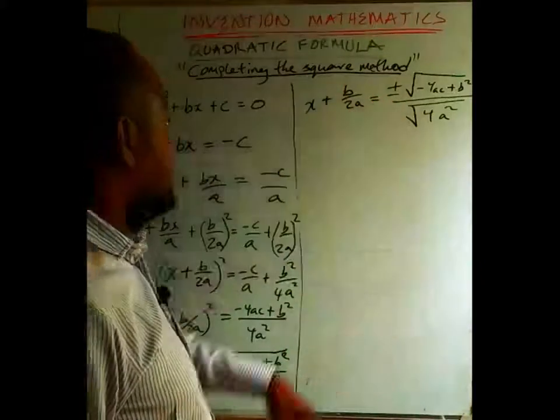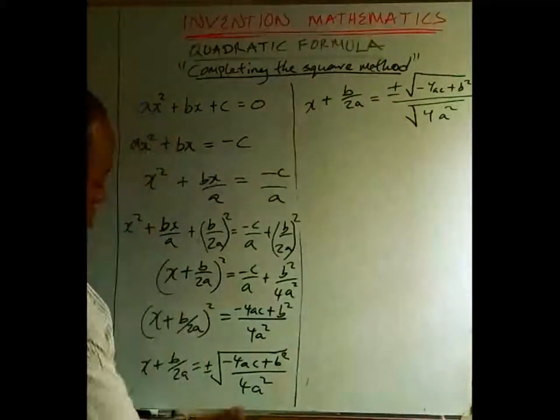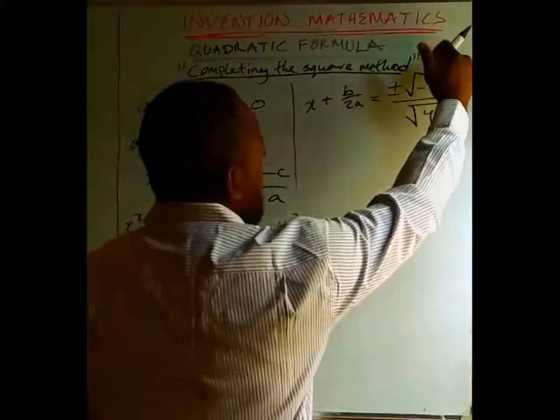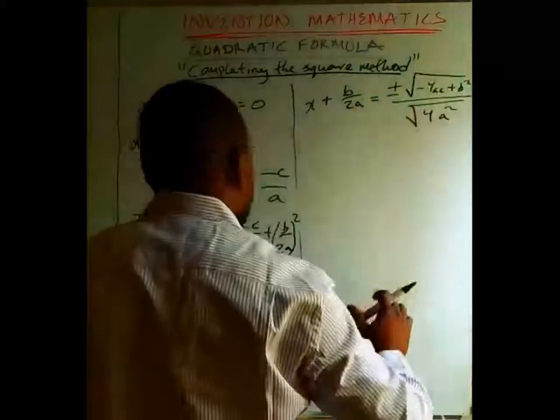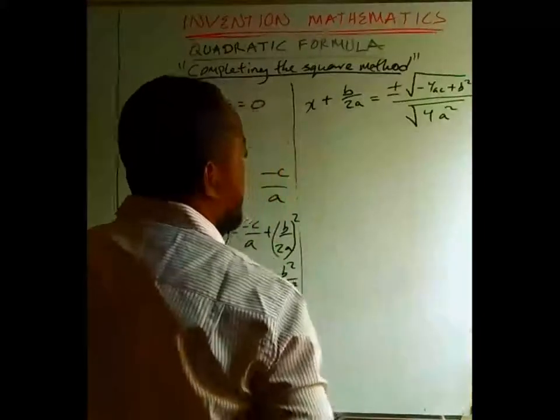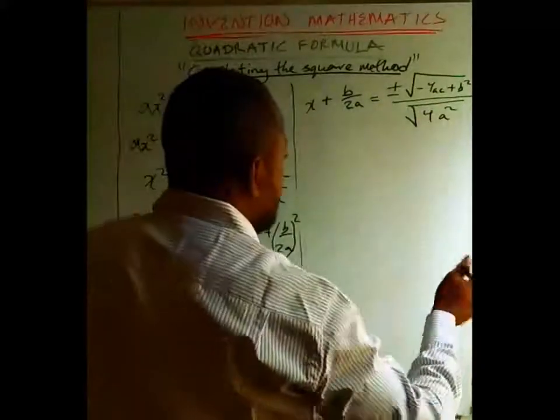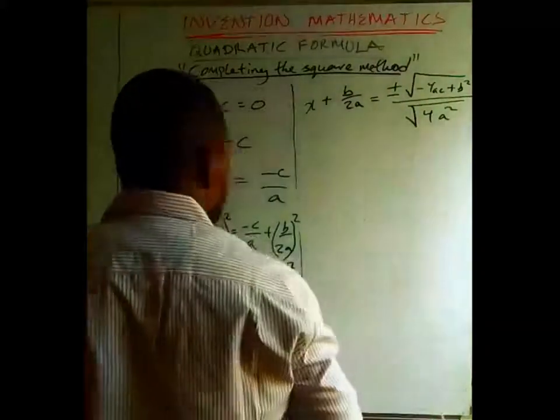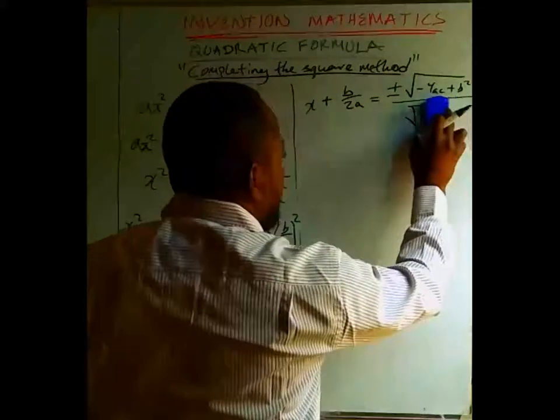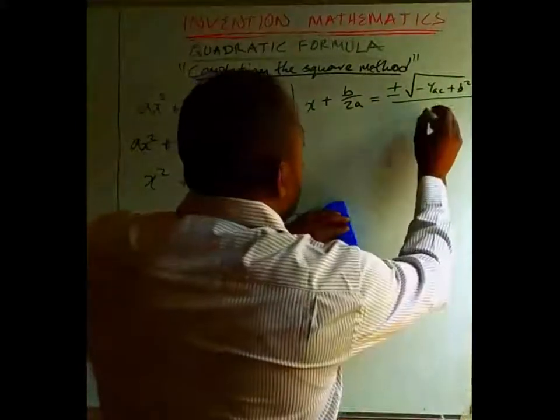Lots of indices and such. So we square root the top and square root the bottom. The square root of 4 is 2, the square root of a squared is a. So this is 2a.